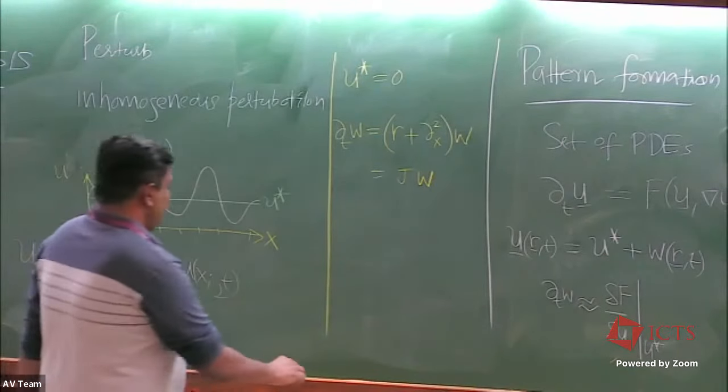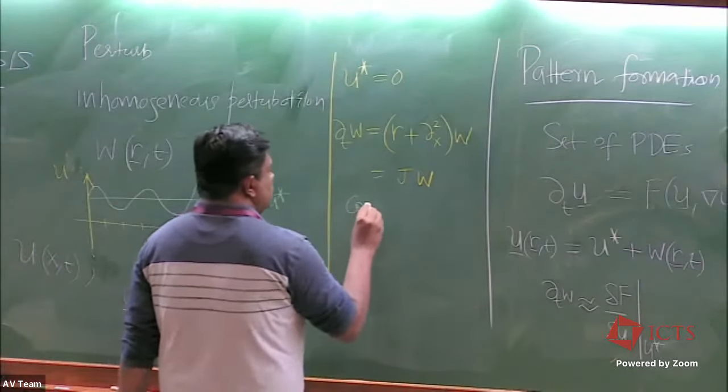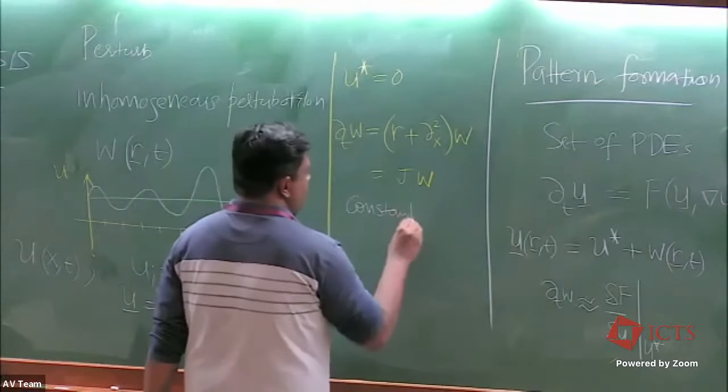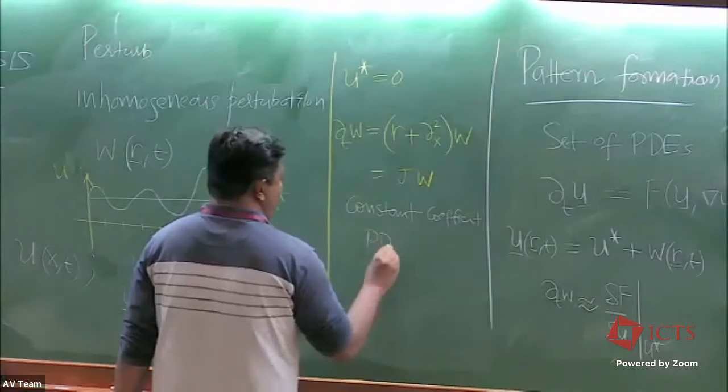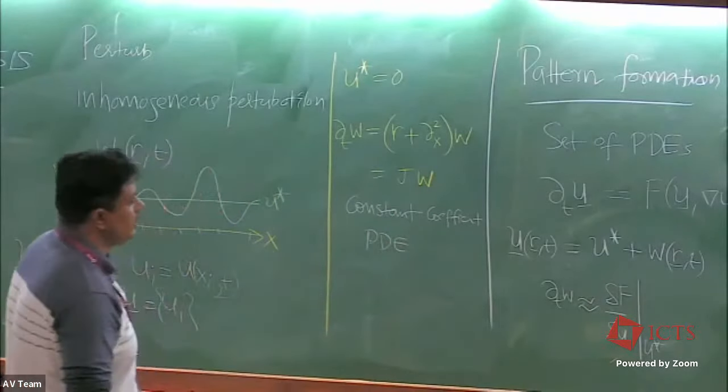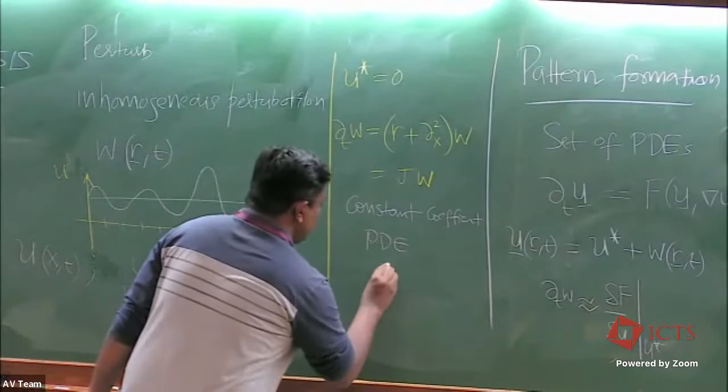So like I remarked earlier, this is a constant coefficient PDE. Therefore, the eigenfunctions of that J operator are basically Fourier modes.